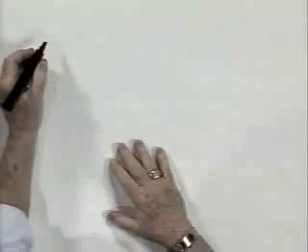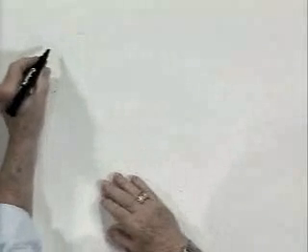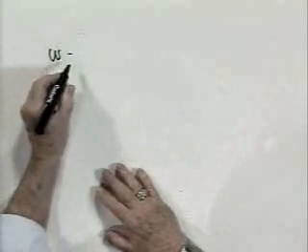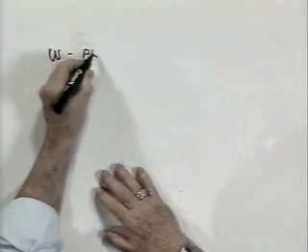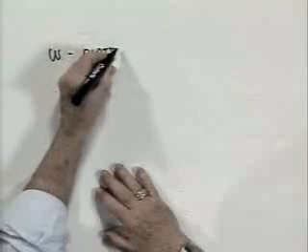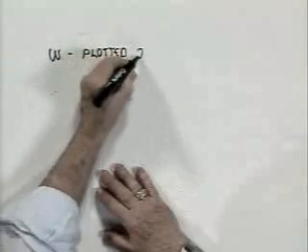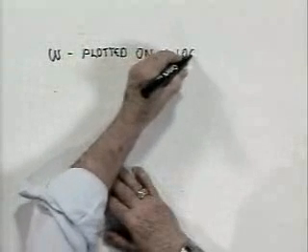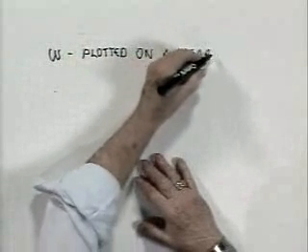The choice of variables, the choice of scales on the axes is important. And there are some conventions which we will use. Omega, the frequency, is plotted on a log scale, on a logarithmic scale.